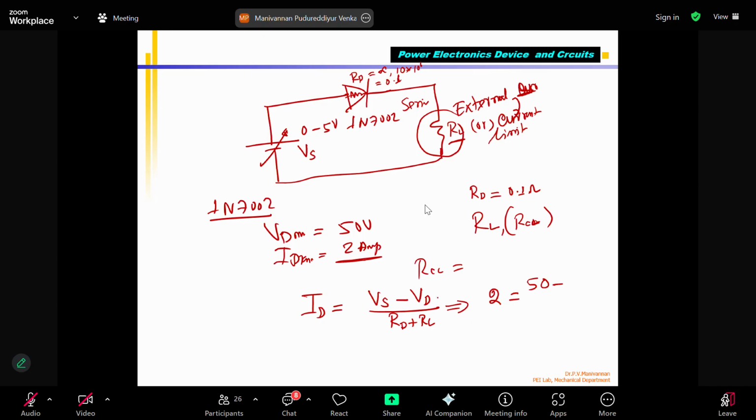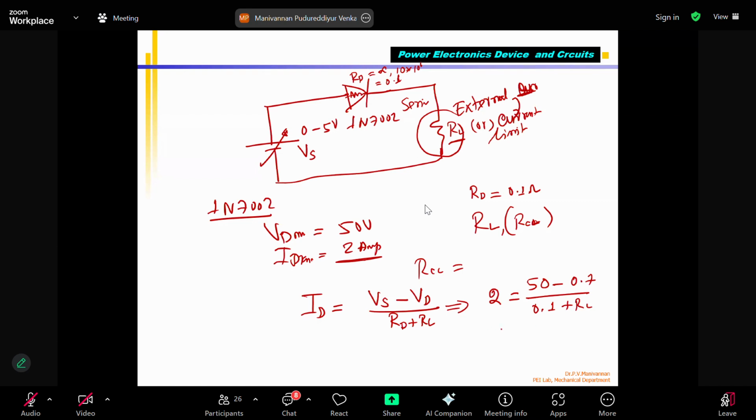We know that VD during conduction should be taken as the cutoff voltage of the diode, which is nothing but 0.7 volts. We saw in the transistor also, base to emitter when conducting, the voltage will be 0.7 volts. Same thing you can use here, divided by RD, which is 0.1 ohms, plus RL. RL we want to find out.